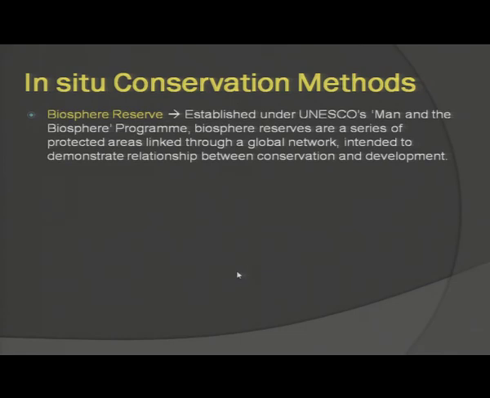So, let us try to understand what these biosphere reserves are. Biosphere reserves were established under UNESCO's Man and the Biosphere program. These are a series of protected areas linked through a global network, intended to demonstrate the relationship between conservation and development.